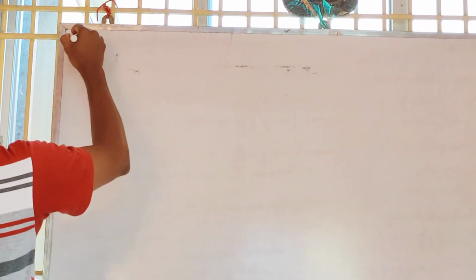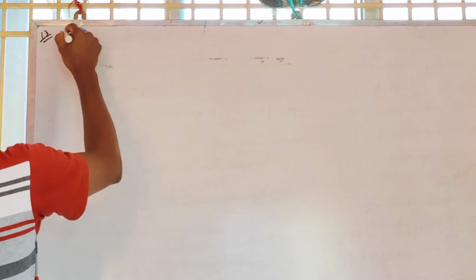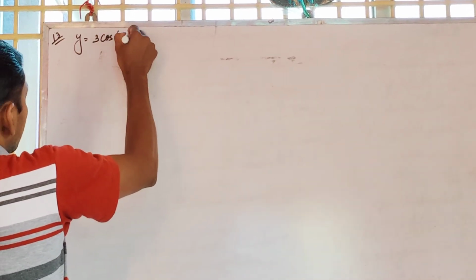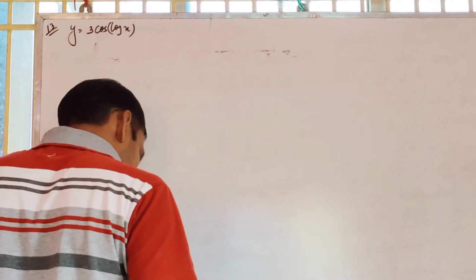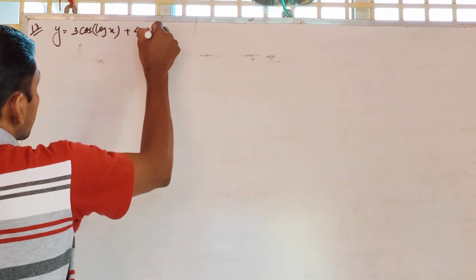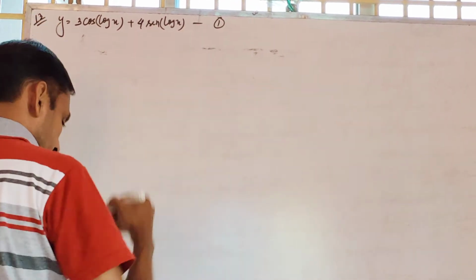This will be question number 13. That is y equal to 3 cos log x plus 4 sin log x. Give it number 1.